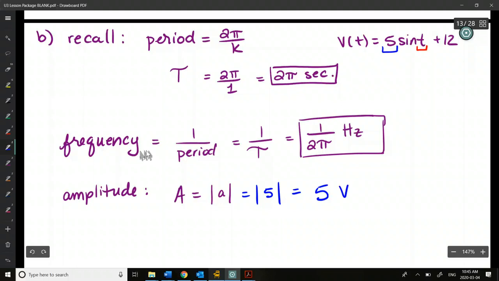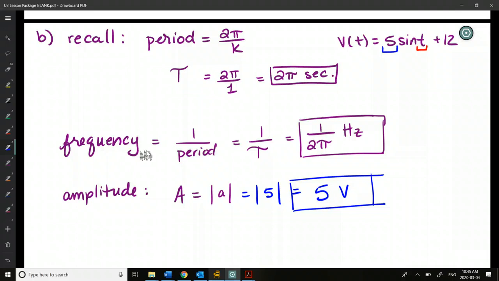So this will be 5 volts. Absolute value means that everything becomes positive. So if the a value happened to be negative, we just take the absolute value of that, making it positive, and then our amplitude will be positive 5.